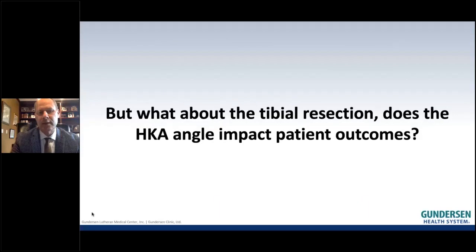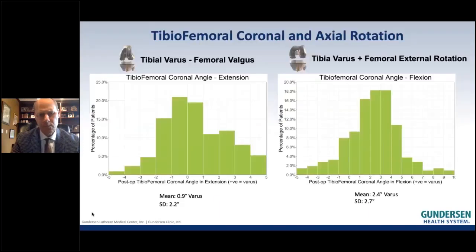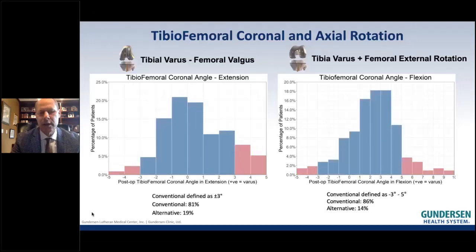What if we look at the tibial resection, or bring that into it and look at the hip knee ankle angle? We did the same thing, and now this is coronal plane on the left and still rotation on the right, but it includes the impact of the tibial cut. If that was something other than 0, it might change things. So again, looking at conventional and alternative alignment, defining them a little bit differently.